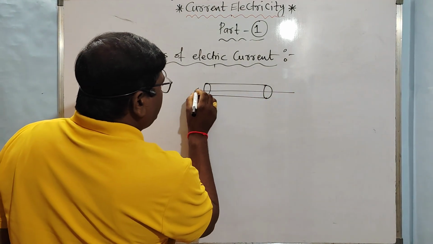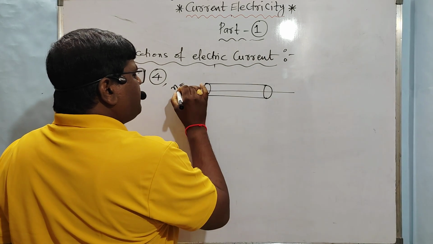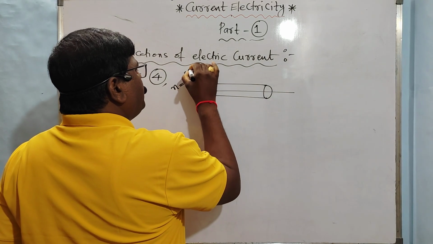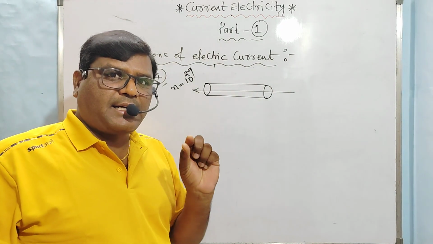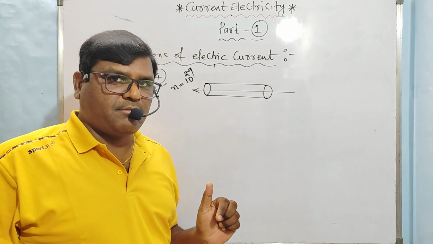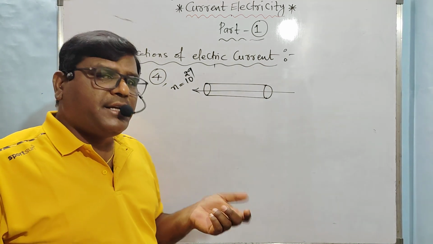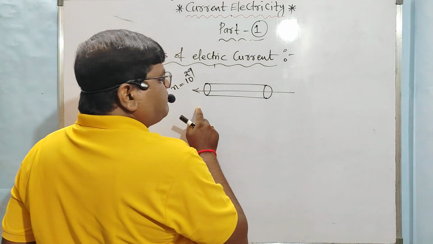Across this conductor, the number of electron density N is equal to 10 to the power of 29. Electron density means the number of electrons per unit volume, we can say. Free electron density also we can say. Free electron density is given for this conductor.